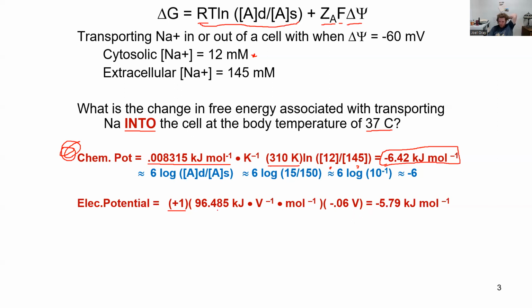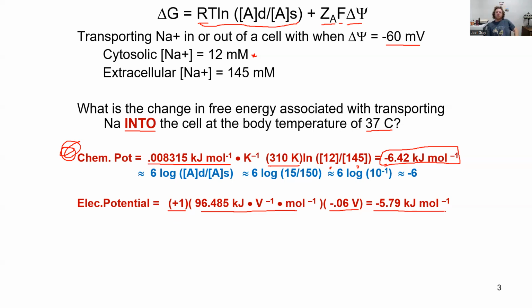Our membrane potential is negative 0.06, because the membrane potential needs to be changed from millivolts into volts: negative 60 millivolts is negative 0.06 volts. So one, the charge of our sodium ion, times 96.485 times negative 0.06 gives us a value of negative 5.79.